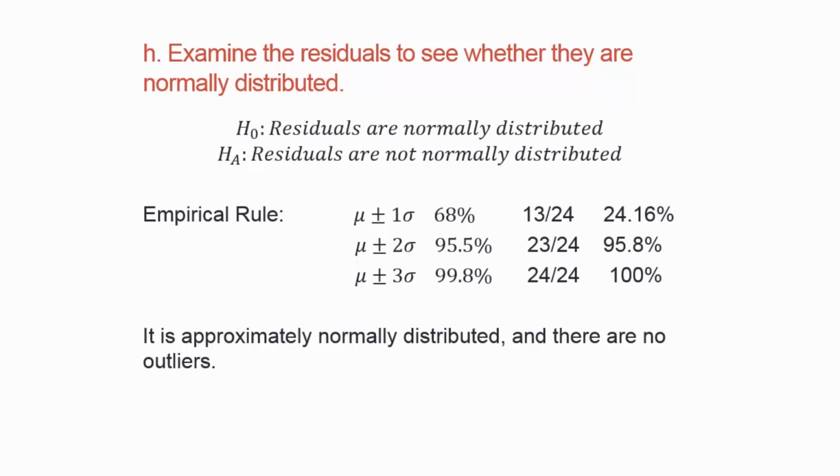The most important one here is the 3 standard deviations, and it is approximately normally distributed. There are no outliers because all the values are within 3 standard deviations of the mean. So that tells me, yes, it does look like it's normally distributed. Okay?